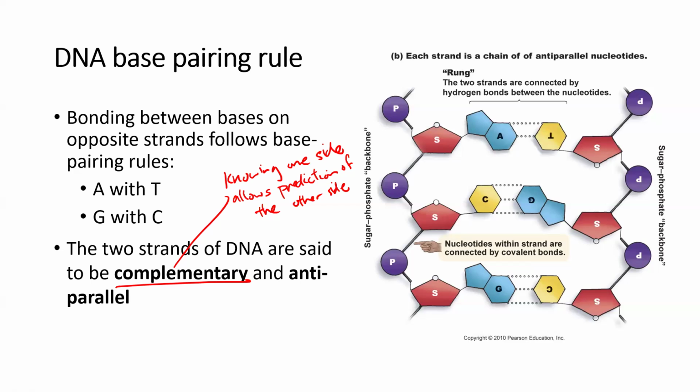We know that already, but it's running in opposite directions. The easiest way to understand this is to think of roads, like the highway. The northbound and the southbound, they are parallel, but the traffic is going in opposite directions. That's what anti-parallel means.